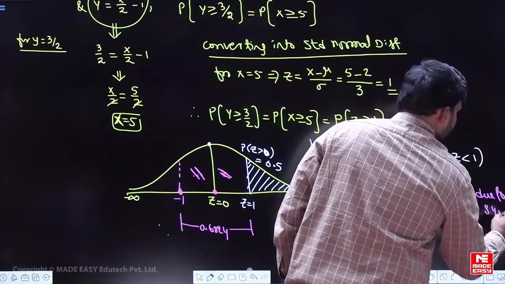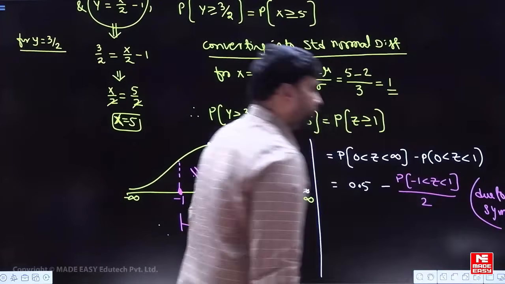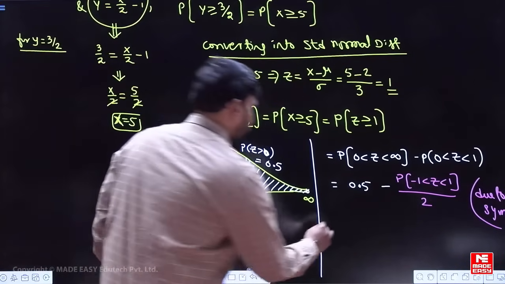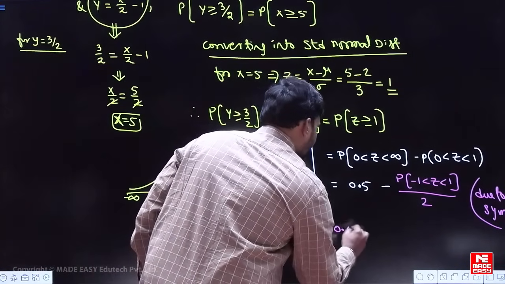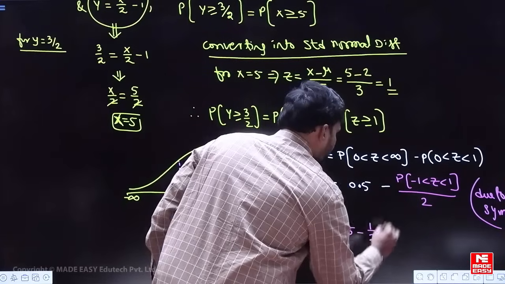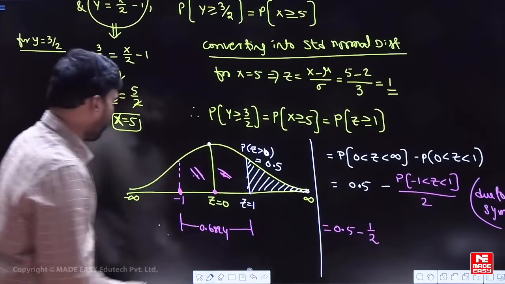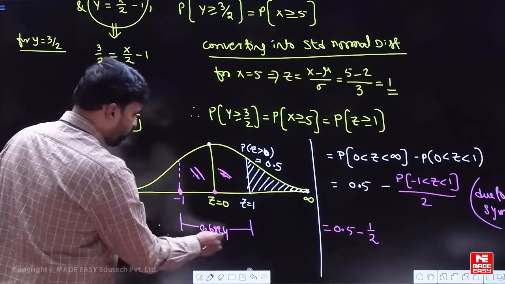Due to symmetry, this will be 0.5 minus 1 by 2 of the probability from minus 1 to 1, which is 0.6824.